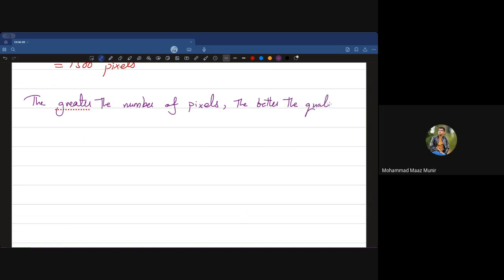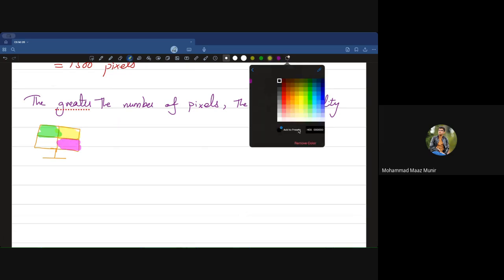Now, what do I mean by this? Basically, let's say I have a screen. Now, if on the screen I have, let's say, 4 pixels, if I divide the screen into 4, you all are aware that each of these boxes can have a different color. So maybe it can have a yellow color up here, a green color up here, this part can have a pink color, and I can change this to, let's say, blue.